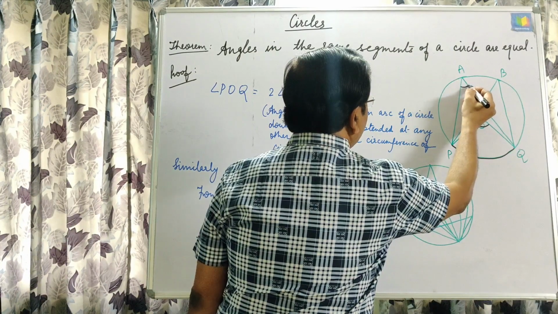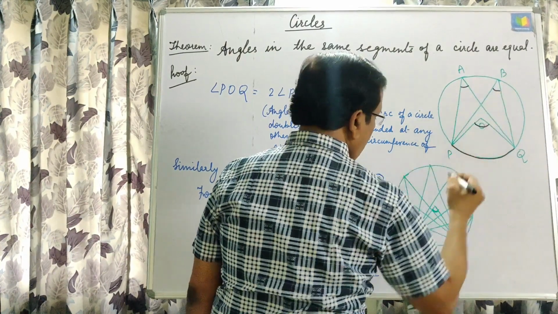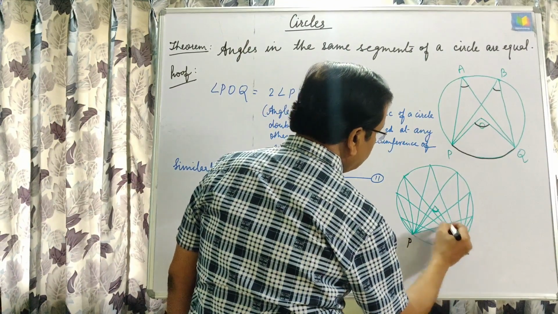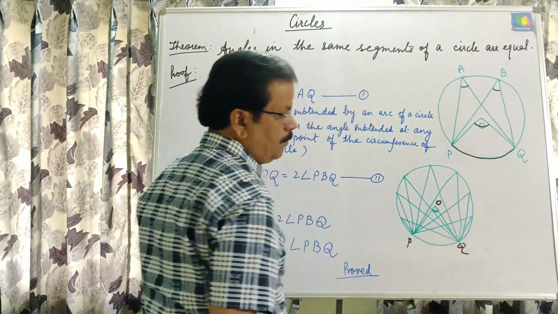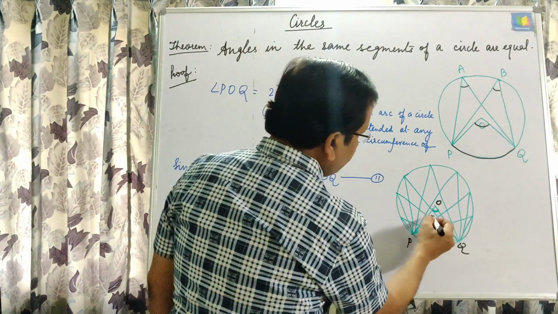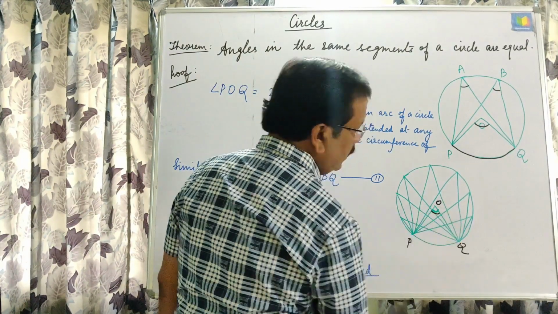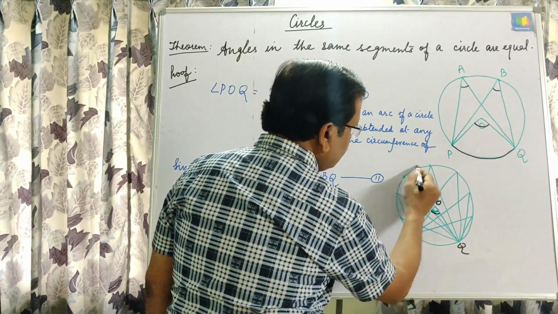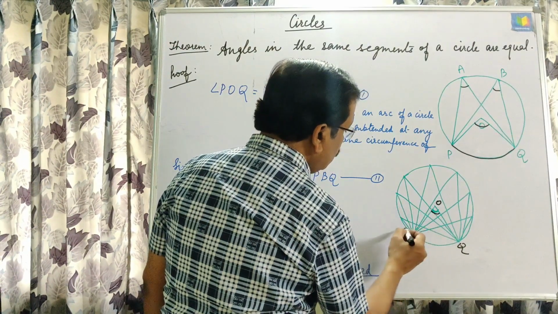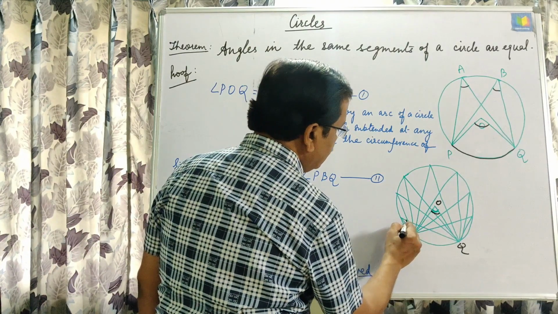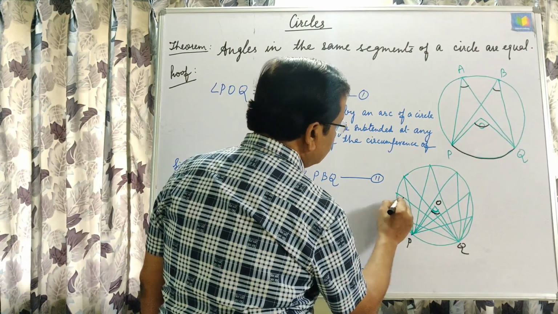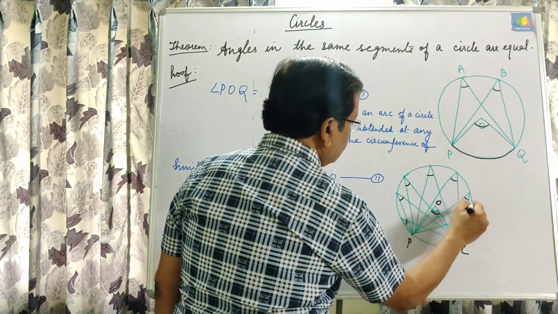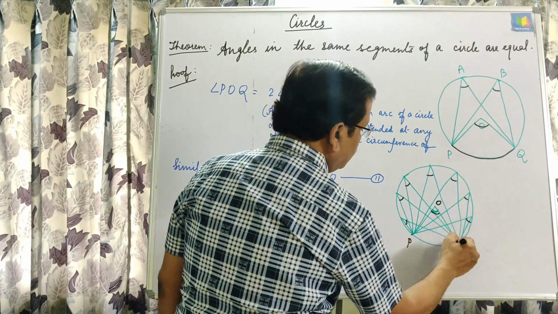You can see this, or here in this figure, if P is this, Q is this, and this is O. This arc subtends this angle. Whatever the angle, this angle will be double at any other point. See, from P to Q, I have drawn so many angles. This angle, this angle, this angle, this angle, this, and this will stop up to here.